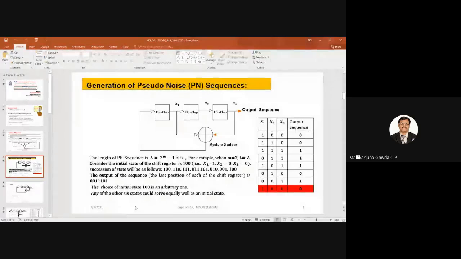Yes, Aditi, is it possible to say, if the initial state is 111, how does it function? How do I get the sequence? Hope Aditi is there.